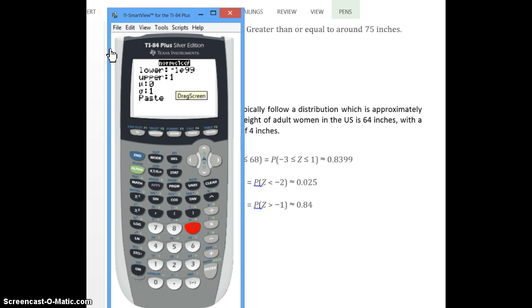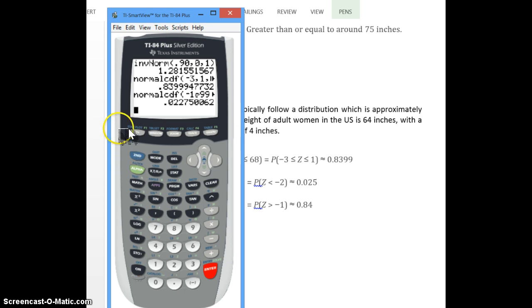Now negative 2, so we come down and hit the negative sign here, negative 2. And we keep doing enter. And we get 0.0227. And that is close to what the Statway answer was. And now we know what that value is.